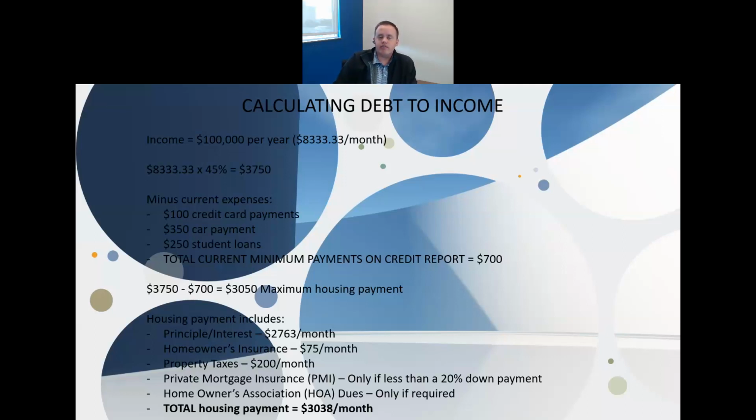That 45% number is before taxes have been taken out of your monthly income, so it can stretch thin at times. There's a rule of thumb that says you want your debt to income to be closer to about 35 to 40% to account for those taxes that are coming out.